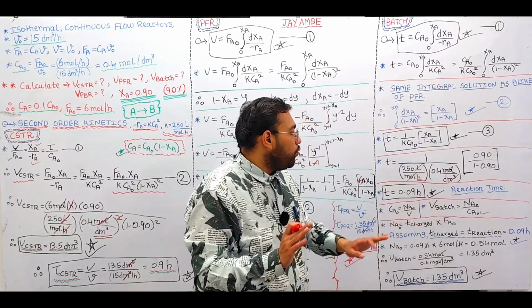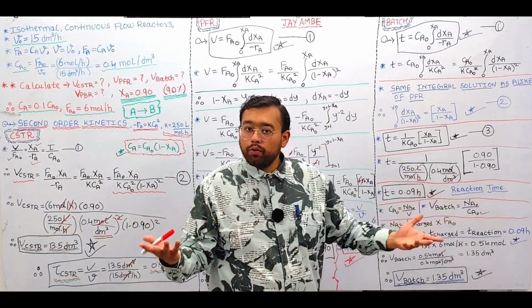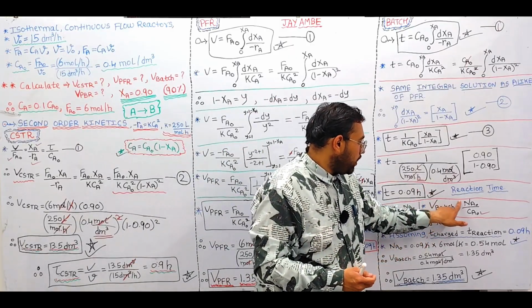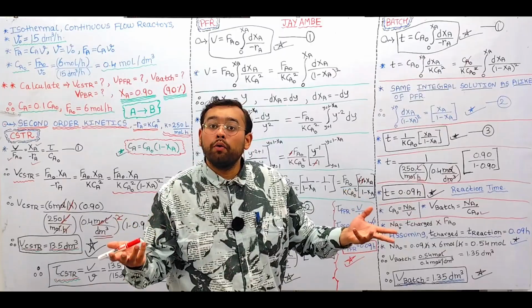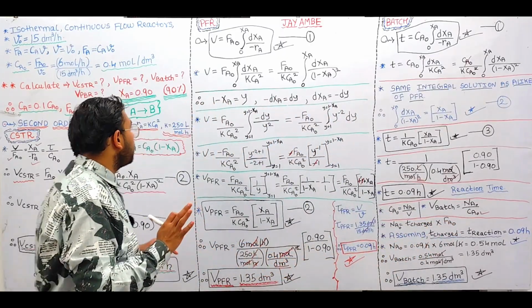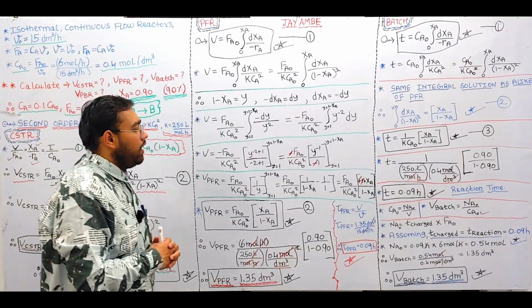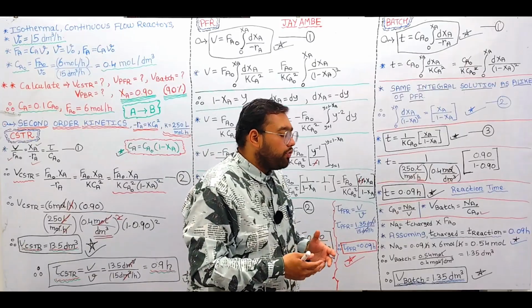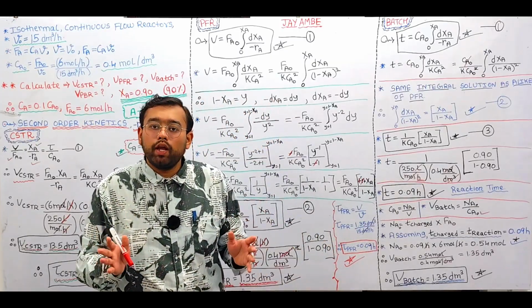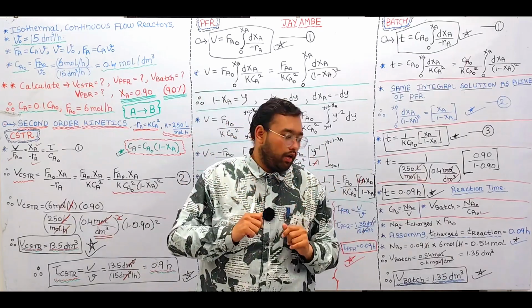So from here we have two unknowns: the volume of the batch reactor and the initial number of moles are both unknown to us. We only know Ca0, the initial concentration, which is 0.4 moles per cubic decimeter. So now the question is how we can calculate the initial number of moles present in the reaction environment of the reactor.